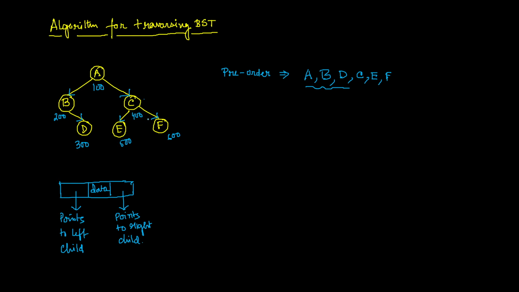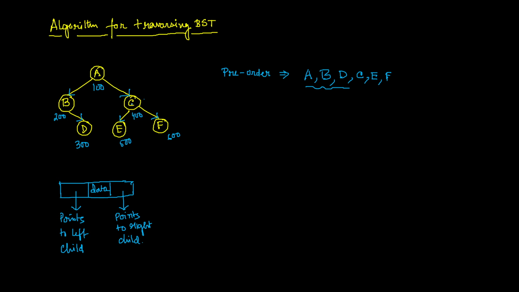To reach this address 400, there is only one way: you have to come through A. You have to reach address 100 so that you can access its right pointer, and the right pointer contains the address of C.